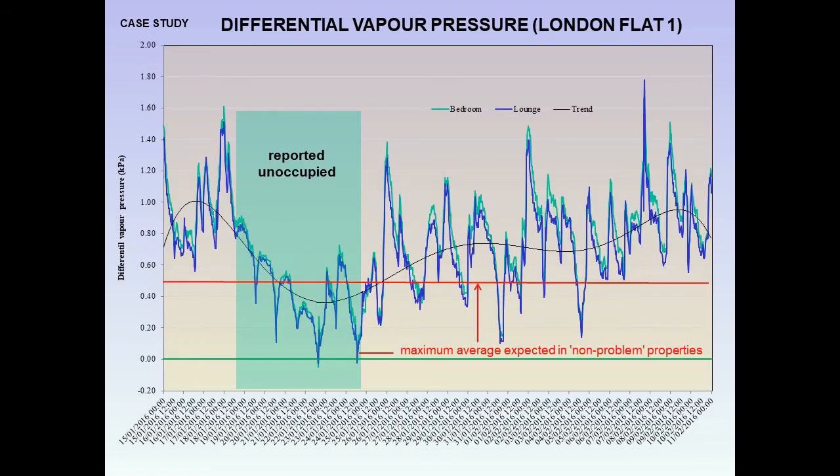Another one, it was reported unoccupied for a period, and it shows when it was occupied, we had the differential vapour pressure getting up towards 0.7 to 0.8 kilopascals. When it was unoccupied, it was around 0.1 to 0.2. The maximum average expected in non-problem properties, as we mentioned earlier, is about 0.5.